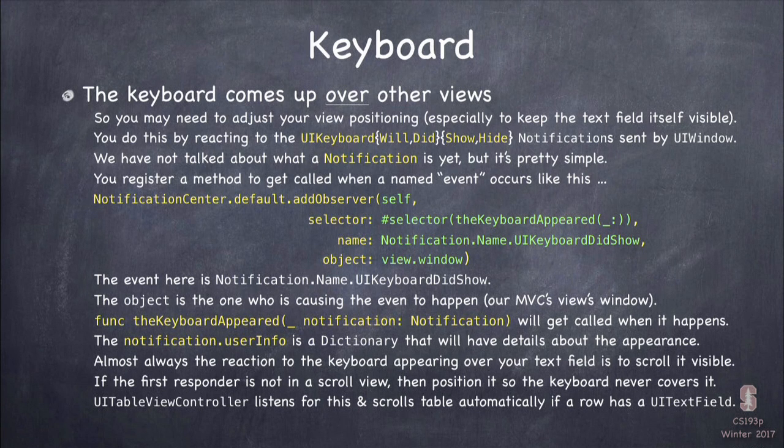Hopefully you're in a scrollable thing like a table view or a scroll view, but if not, then you just have to set the frame of your super view or something to move that thing up. It's your responsibility to make sure that the keyboard's not covering something that's necessary to use your UI. So when you're doing your final project, do it on a device. Otherwise, you're very likely to run into this problem. We'll talk about these observers and the notification center in a future lecture.